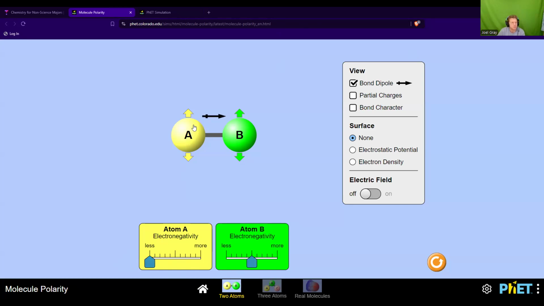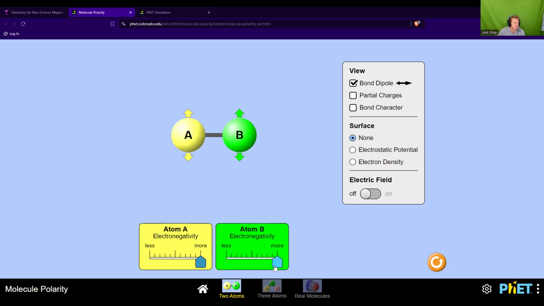If you look at how it starts out, we have a molecule with atom A and atom B. Atom B is considered the mid-range electronegative atom. Whenever I shift that slider to the right, we have an atom that's more electronegative.